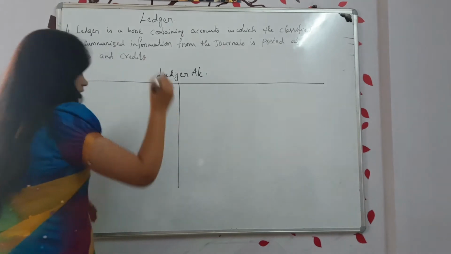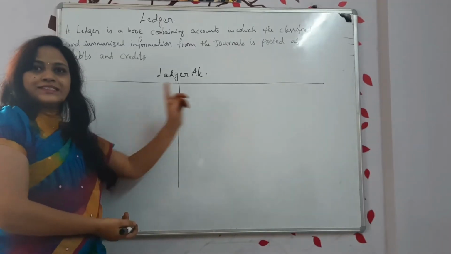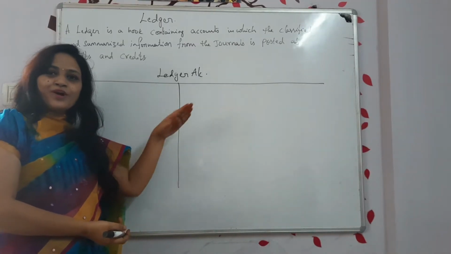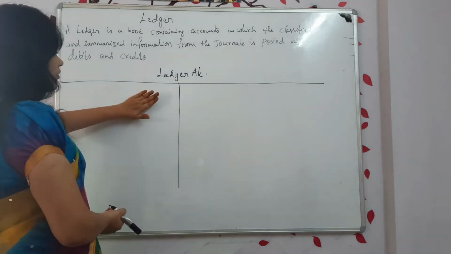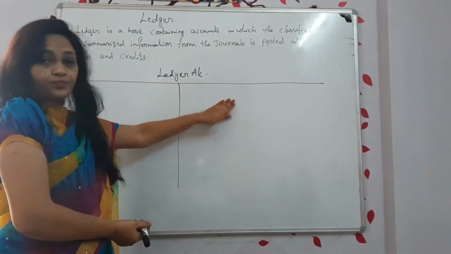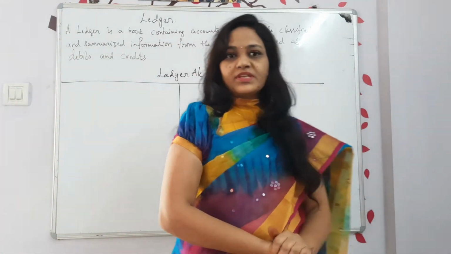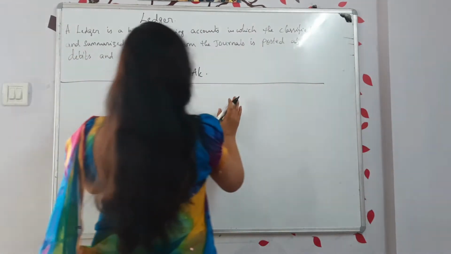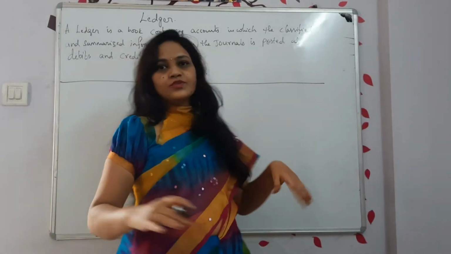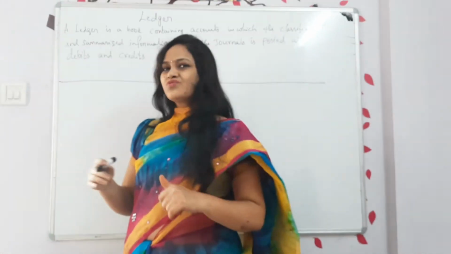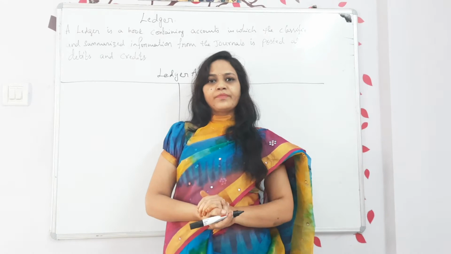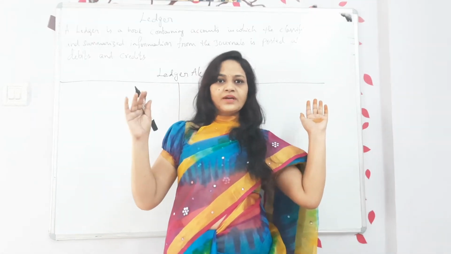This is a T-shape. There are two sides now, left hand side and right hand side. If I turn this side, which one is left and which one is right? When you turn this side, left and right become different.